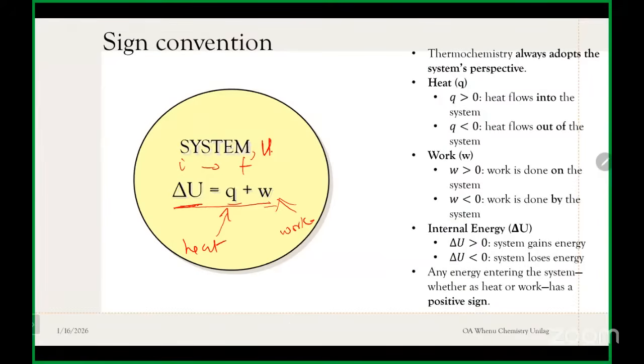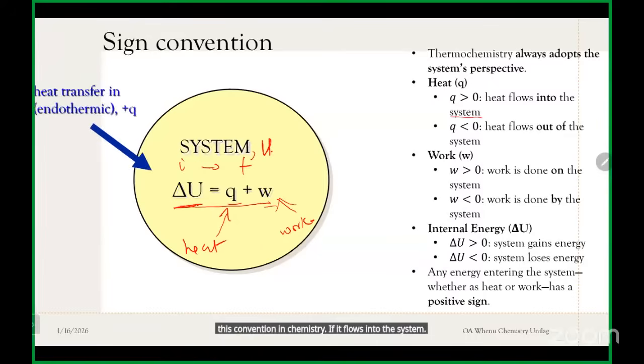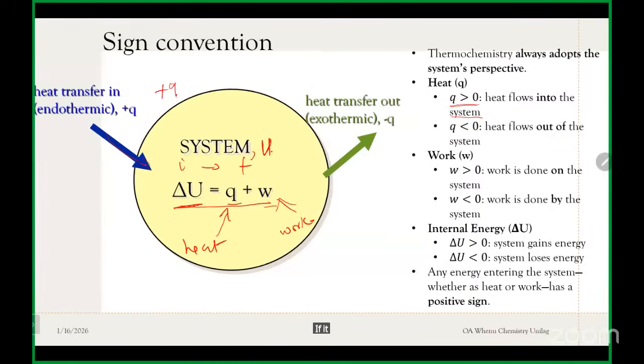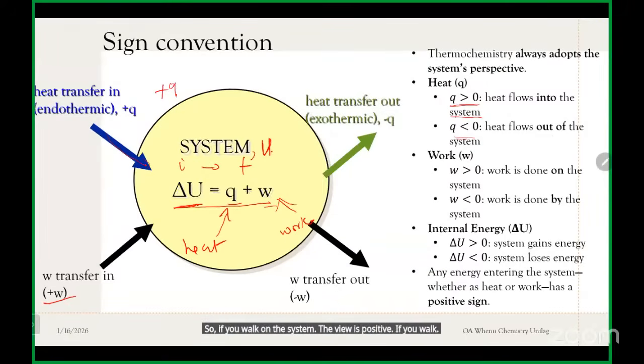If heat flows into the system, if you transfer it into the system, then your Q is positive. If it goes out of the system, then Q is negative. Same thing with work. If you do work on the system, W is positive. If work is done by the system, W is negative.